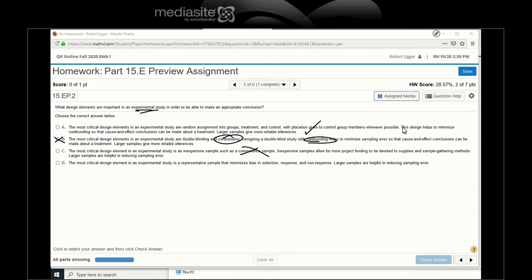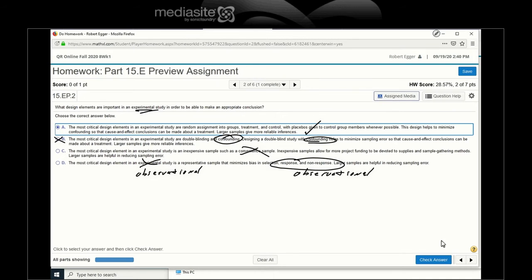Large samples are also helpful in reducing sampling error. Response, non-response, that's an observational thing. Surveys, questionnaires. So good for observational studies. So again, it has to be A then.